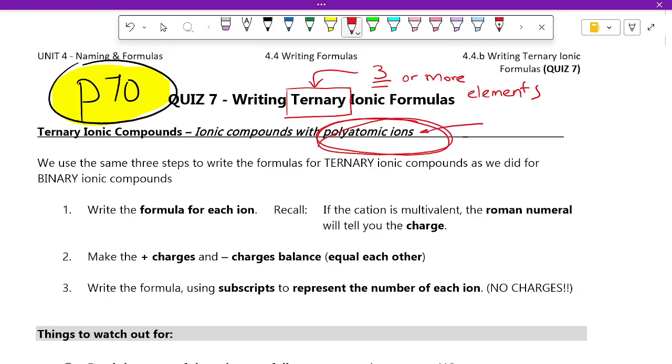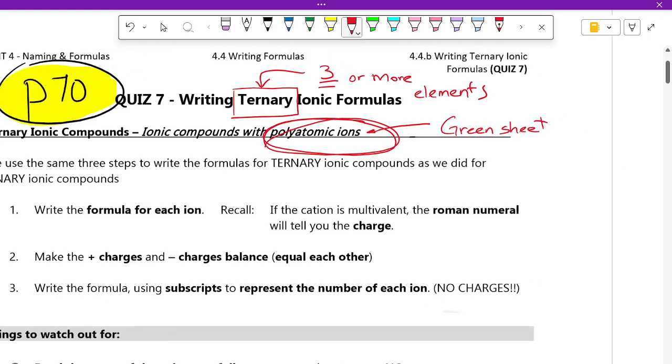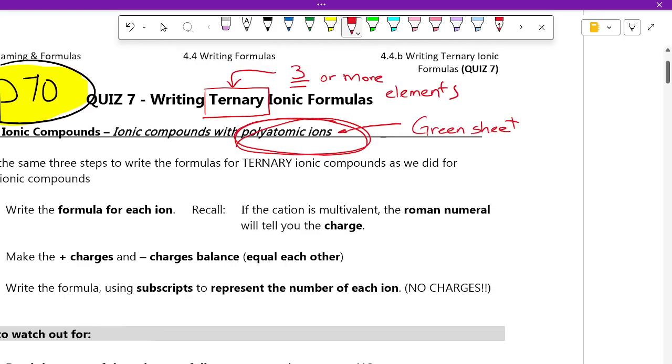Where do you find polyatomic ions? If you had to look up a polyatomic ion, where would you look? Yes, on the green sheet. Most polyatomic ions end in ate or ite.